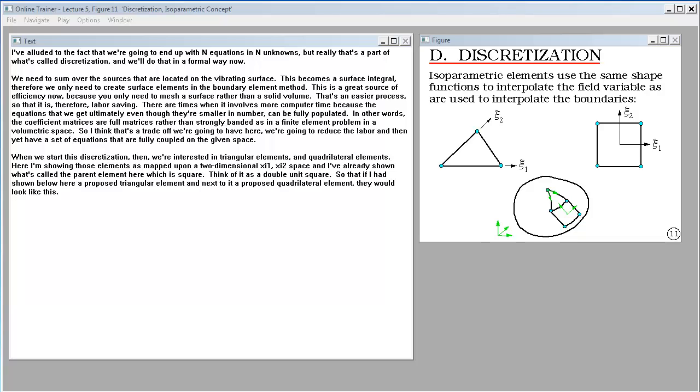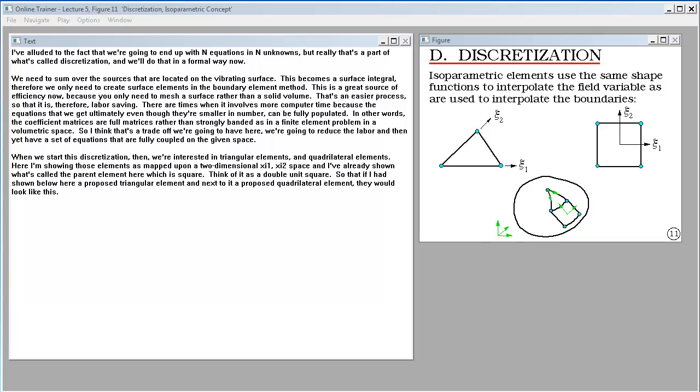This is a great source of efficiency because you only need to mesh a surface rather than a solid volume. That's an easier process, so it is therefore labor saving. There are times when it involves more computer time because the equations that we get ultimately, even though they're smaller in number, can be fully populated.